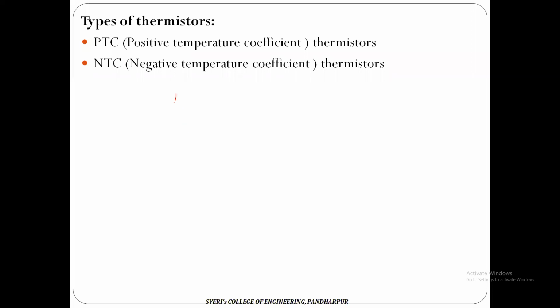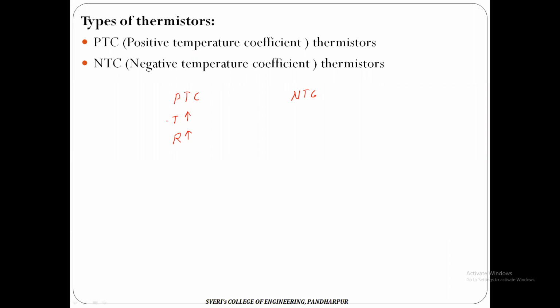Then what is the difference between the PTC and the NTC? Have a look at it. Okay. If temperature increases and the resistance of this material also increases, then it is called a PTC.